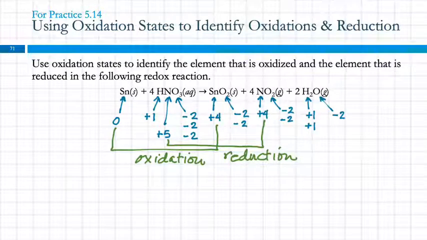Wait. On the last one, didn't O add up to -6 on the first side, and on the second side it added up to 8, right? Well, the oxygens here may add up to -6, but each of them is -2.